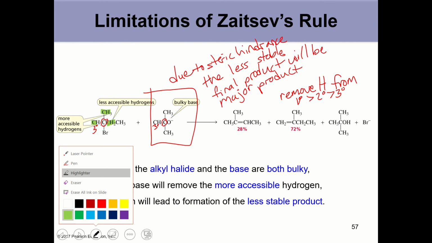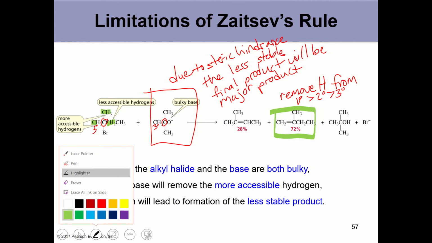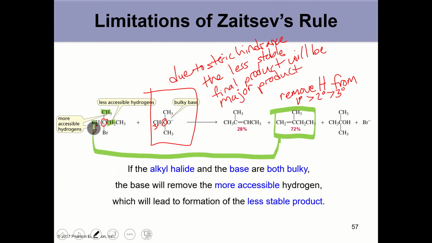So this bulky base will preferentially remove hydrogens from the more accessible methyl groups than from the less accessible secondary carbon that is in the middle of the molecule. And so the major product then is the product that comes from removing a proton from the less substituted carbon.